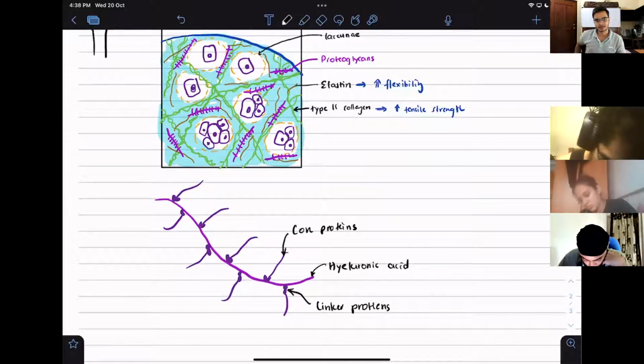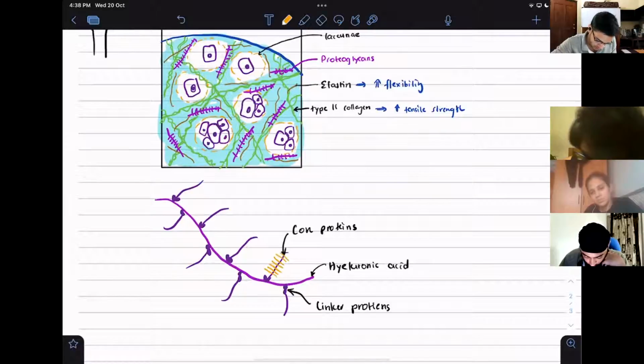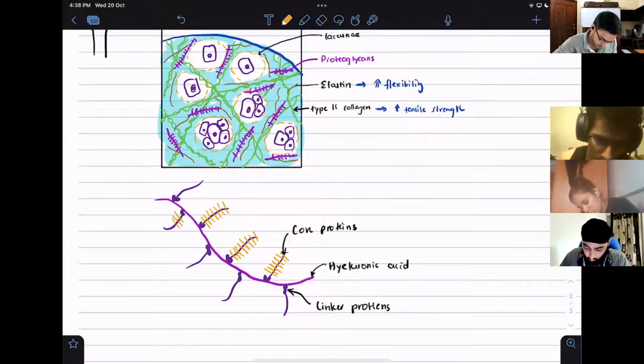We'll see what these are. Don't worry, just write it down. Hyaluronic acid contains some linker proteins, and the linker protein is connected to a core protein. This core protein, guys, is filled with an abundant amount of structures like this. You all can draw it like this.